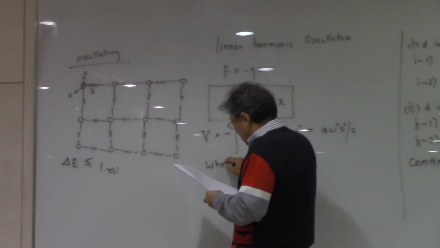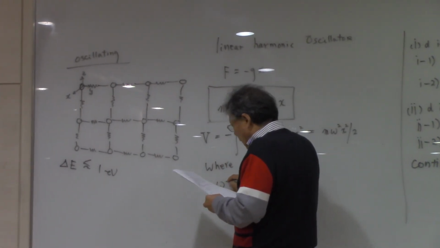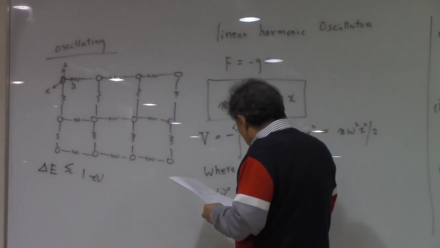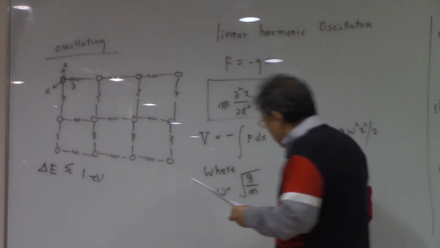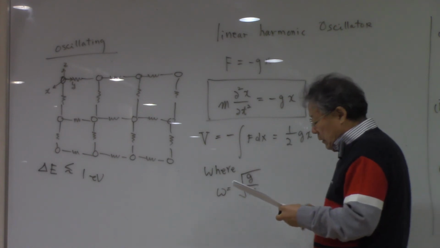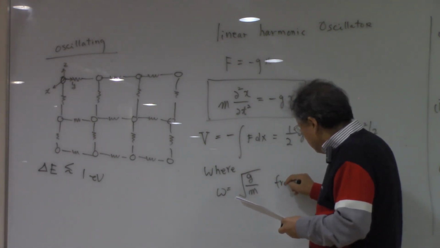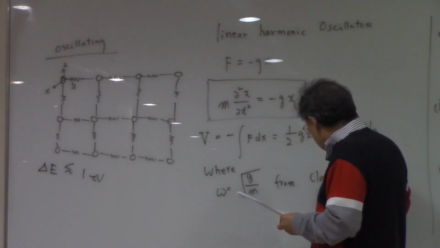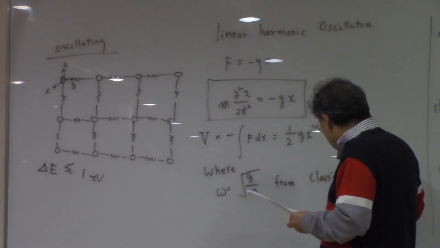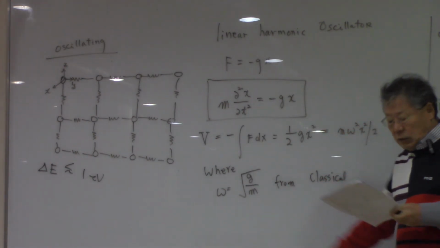Because omega, the angular frequency, is nothing but the square root of G over m from classical theory. We call this the natural frequency.